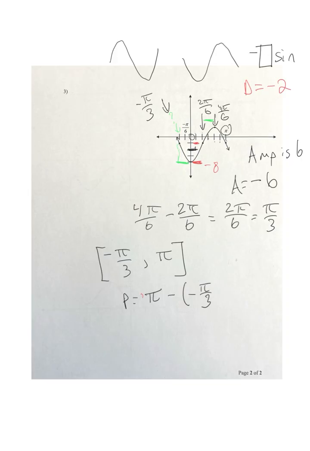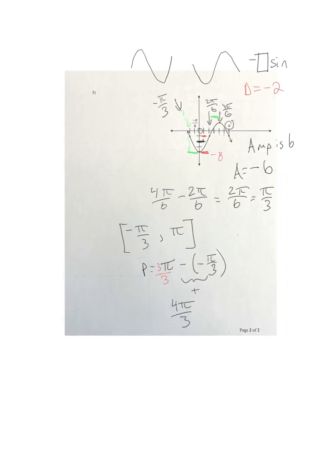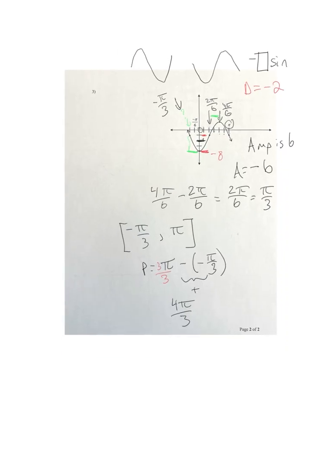So I can make that 3 pi over 3, just have a common denominator, but that's a plus. So 4 pi over 3. When you minus a negative, you're adding. So 3 plus 1, 4 pi over 3. And that is equal to 1 period.